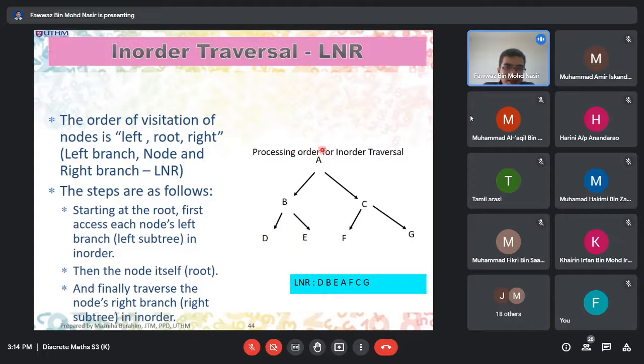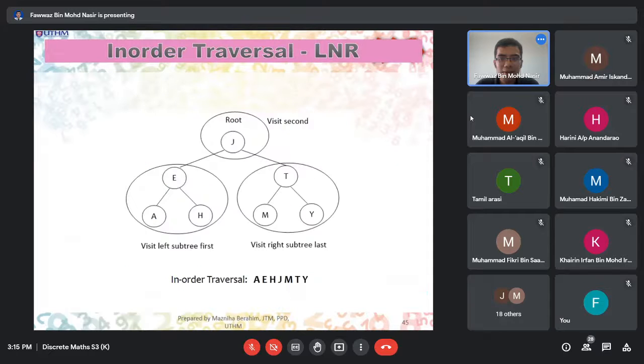So from this tree we go to A first, then we solve and write the nodes on the left subtree. So we go here, and we get the sequence D, B, E, then A, F, C, G. Can you see the difference between in-order and pre-order just now? For this example it is the same. We go to the left subtree first. So A, E, H, J, M, T, Y.